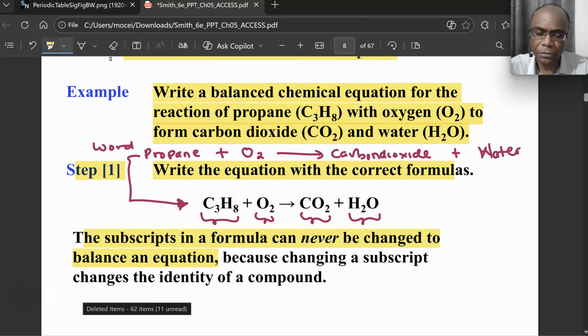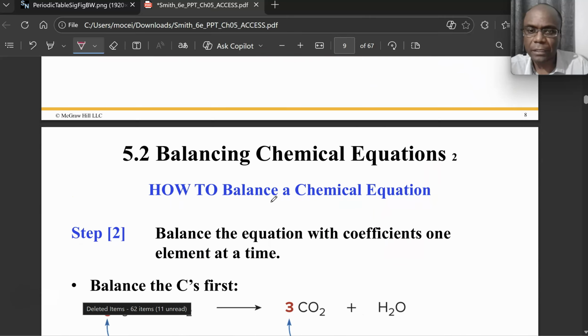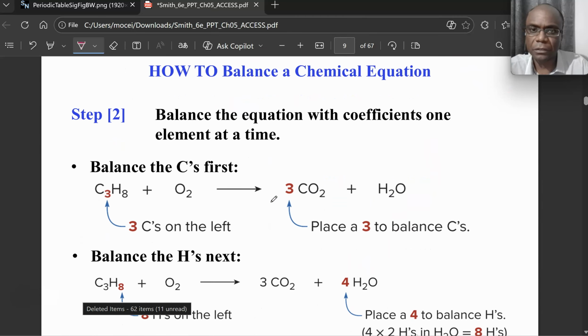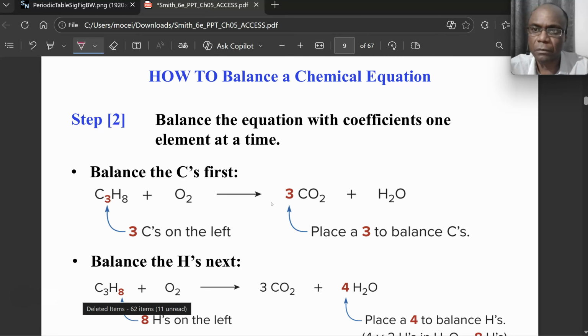Now the subscripts in the formula can never, should never, and must never be changed to balance an equation. You keep those subscripts that came with the formula of the substance as they are. You keep them intact, because if you change any of those subscripts, the identity of the compound is going to change. So once you confirm that those are correct, the next thing you want to do is to include the leading coefficients.